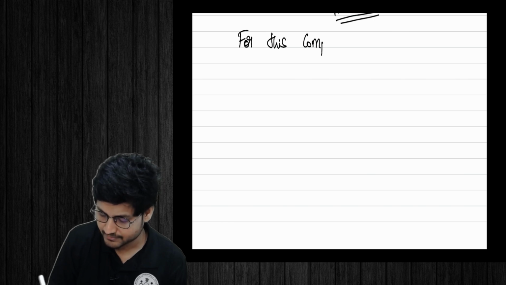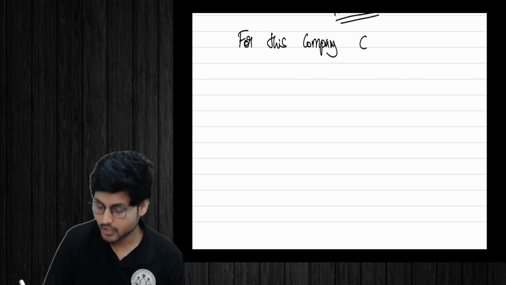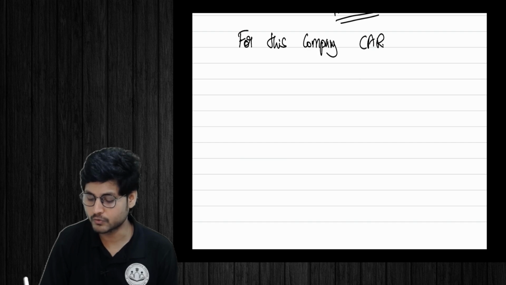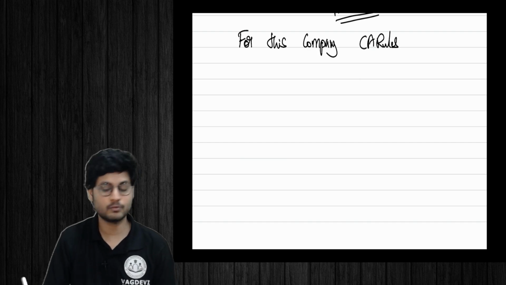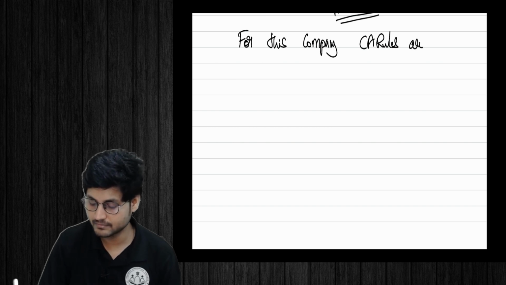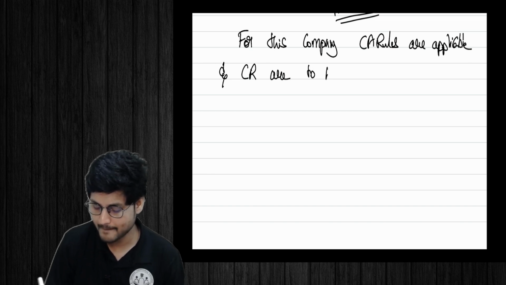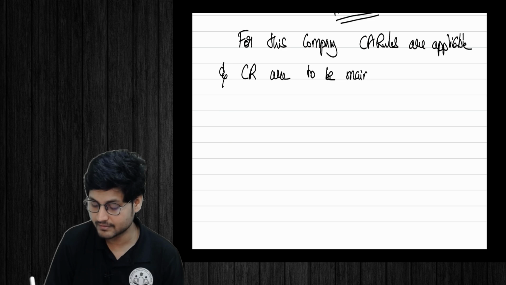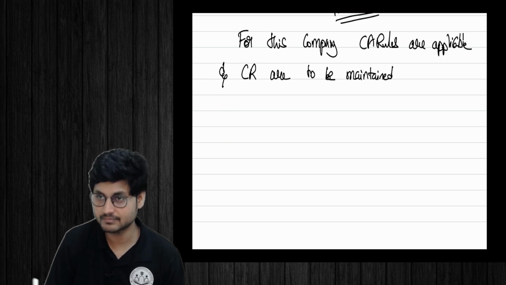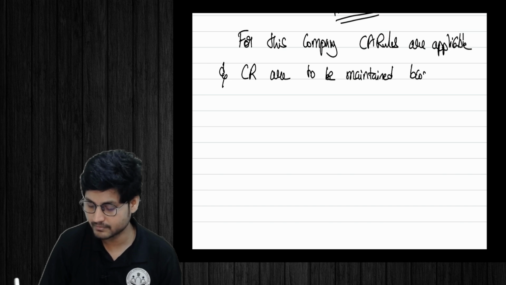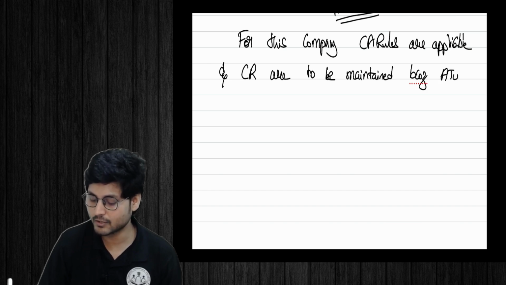For this company, cost accounting rules are applicable and cost records are to be maintained. What is the reason? Because aggregate turnover is more than or equal to 35 crores.